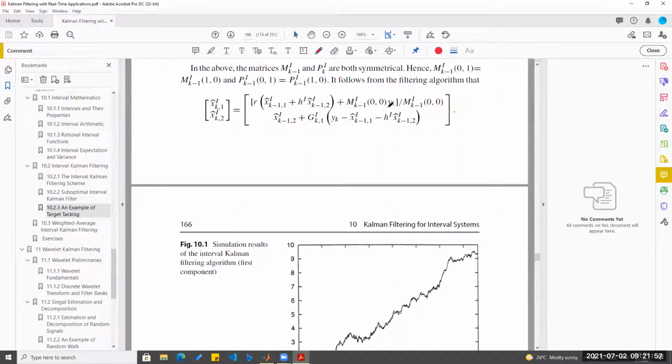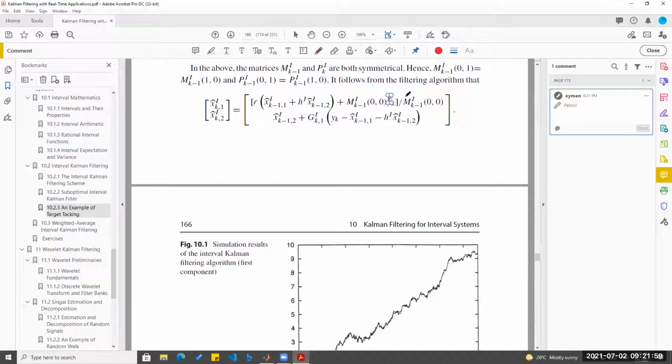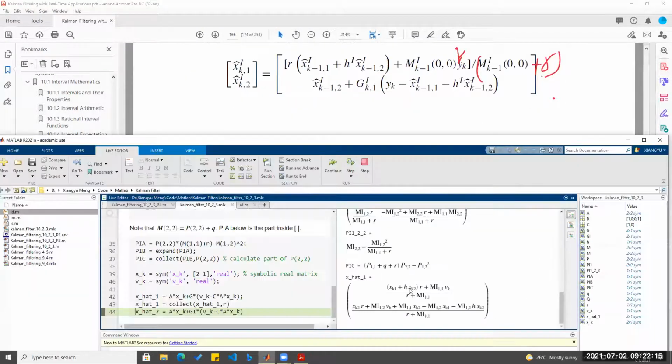So here should be vk, then here should be m11 plus r. Okay, so here's v. Then you have the first expression.